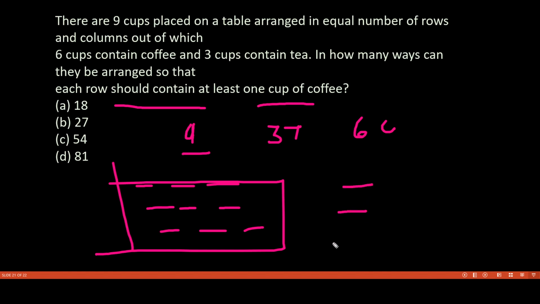So at least 1 cup of coffee we are putting. All right. So when we are putting at least 1 cup of coffee and there are 6 cups of coffee, there can be an arrangement like this, like 2 cups of tea here, 1 cup of tea here. All right, then the others will be C, C and C. So let's see in how many ways it can be done.